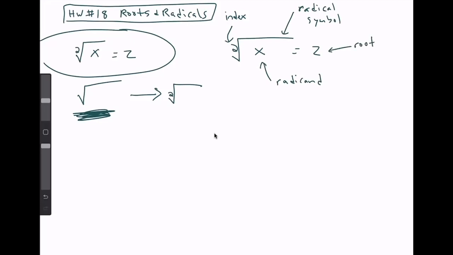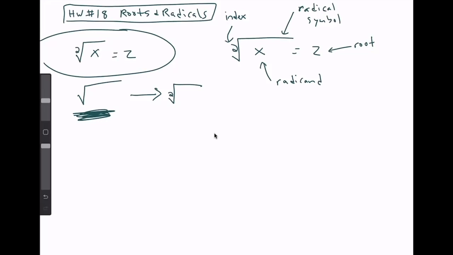Okay. And we've already dealt with square roots before, briefly, right? We tried to find the square root of 25, the square root of 4, the square root of 9, and you were breaking down these radicals and finding the square root of them.